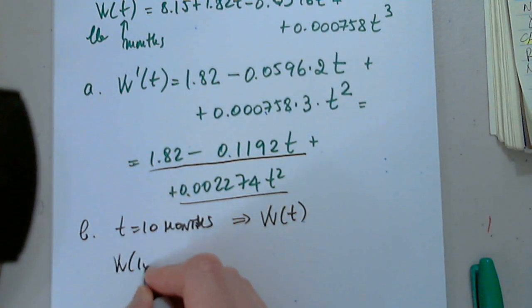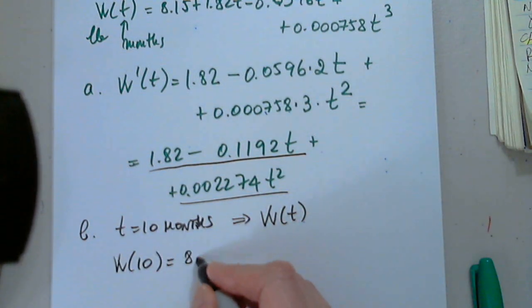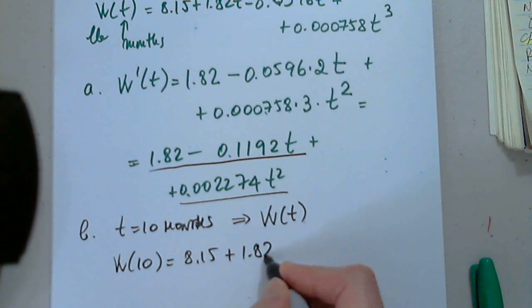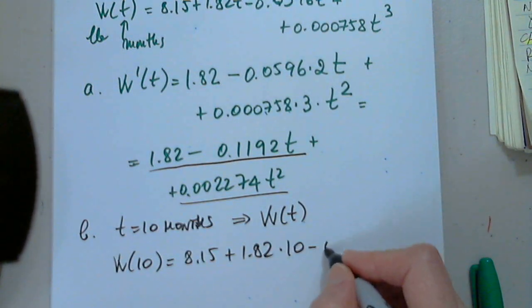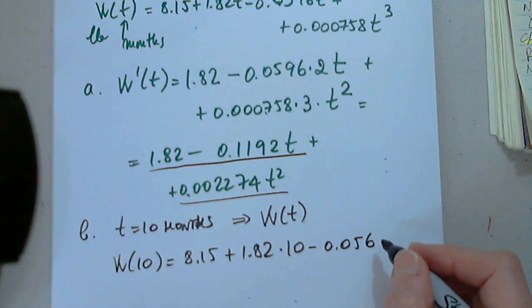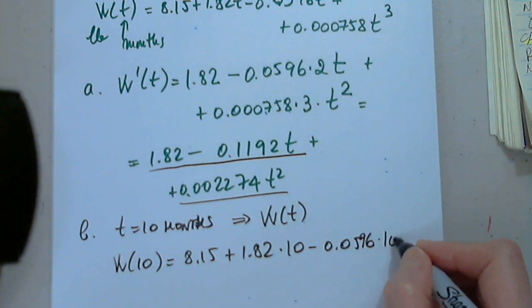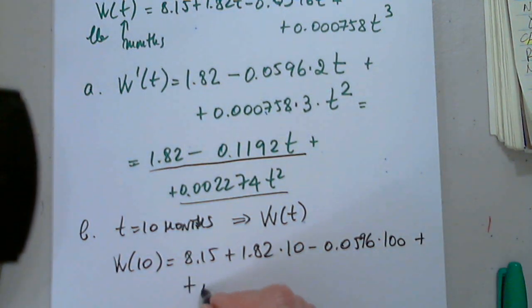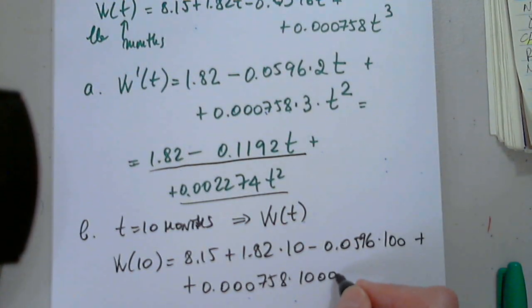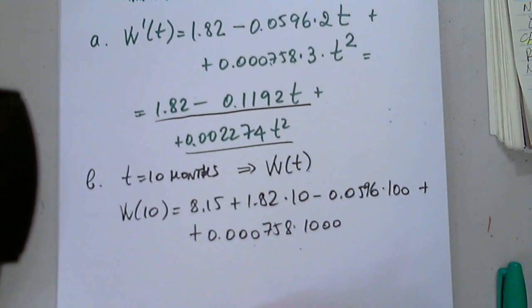So W of 10 will be 8.15 plus 1.82 times 10 minus 0.056 times 100 and plus 0.000758 times 1,000. We're going to do that in a minute.